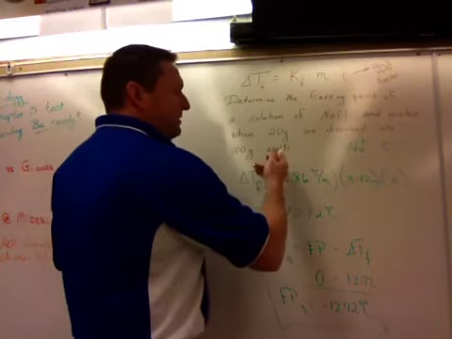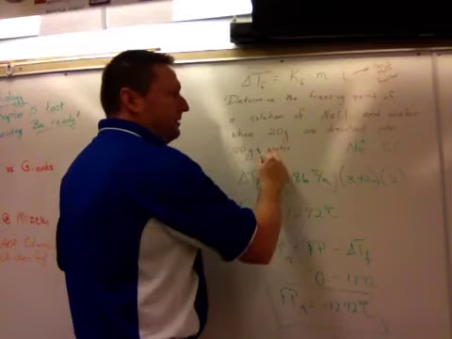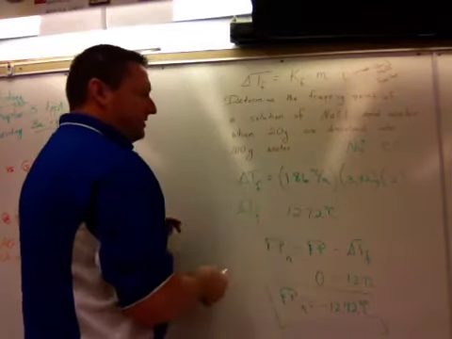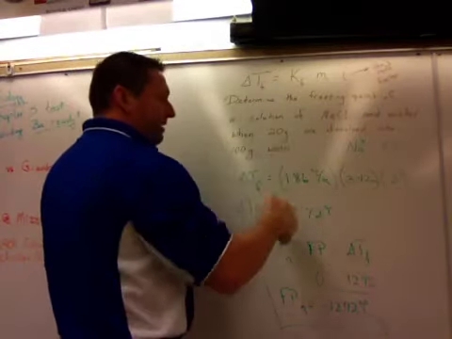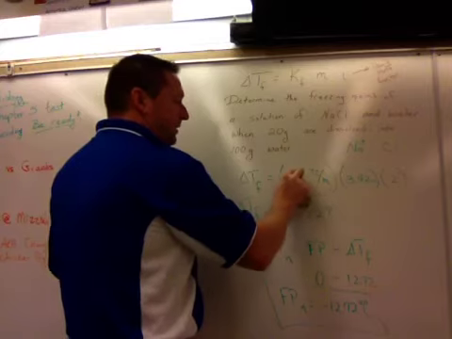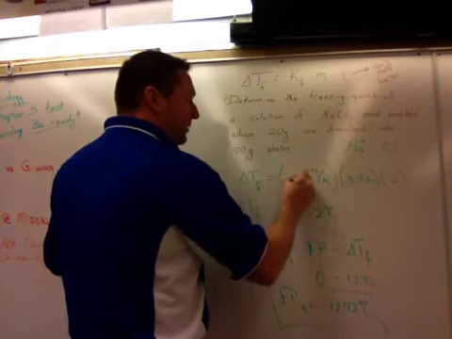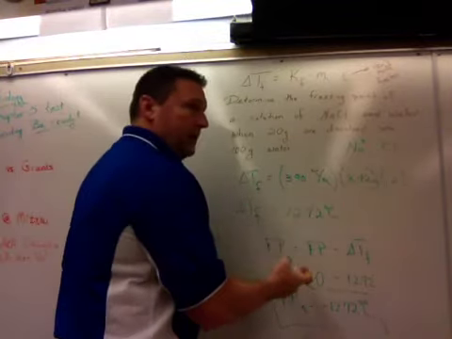Now what if this solvent happened to be something else? Well, like acetic acid instead of water. Well, the acetic acid has a K_F value that would be different. It is 3.9. So what do you think is going to happen there? Is the freezing temperature going to be more or less?